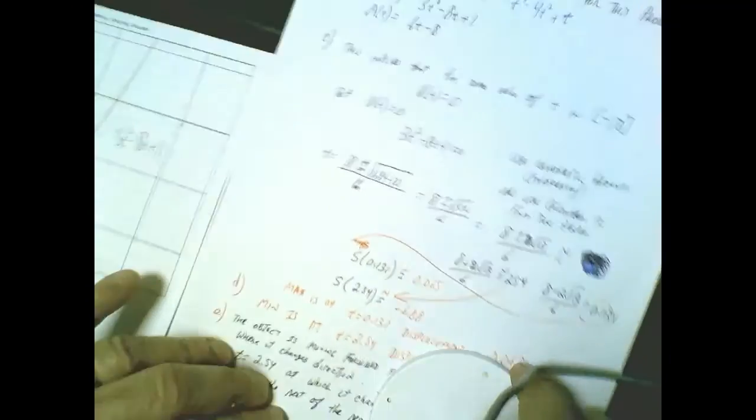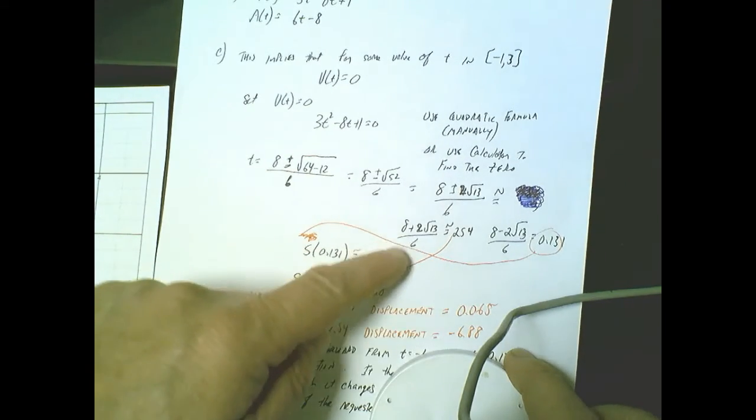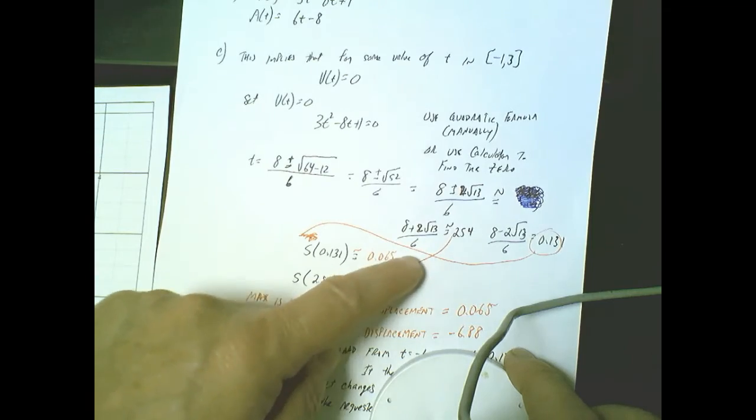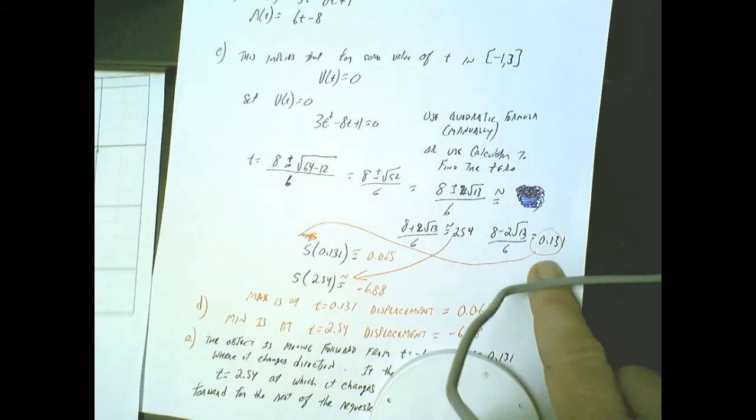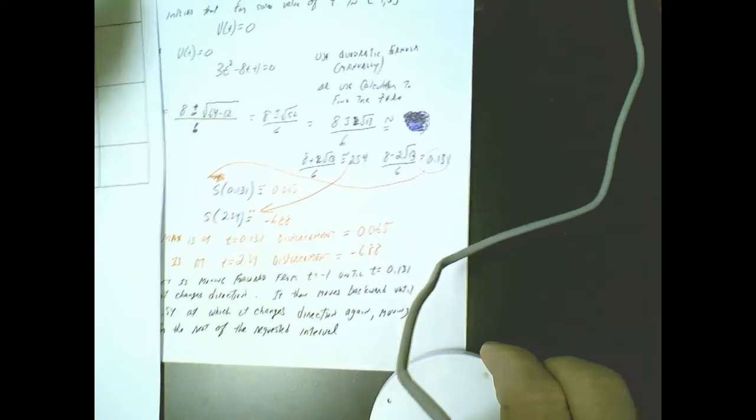So our two roots live at 8 minus 2 root 13 over 6 and 8 plus 2 root 13 over 6. And there are those two nice values, 2.54 and 0.131. Sorry for my misidentification a little bit. That's where the two points live in terms of their t coordinates.